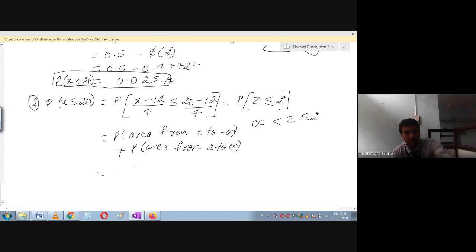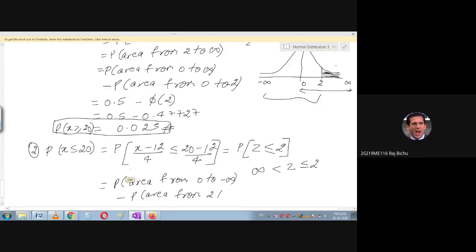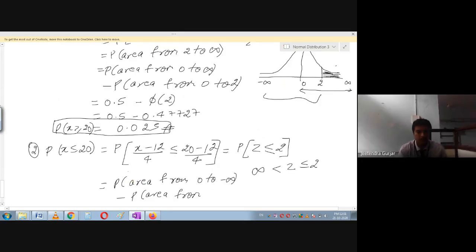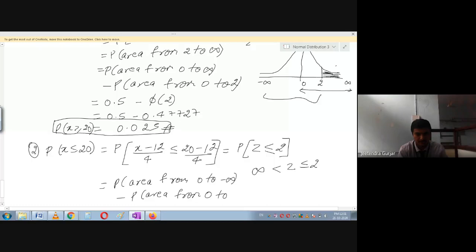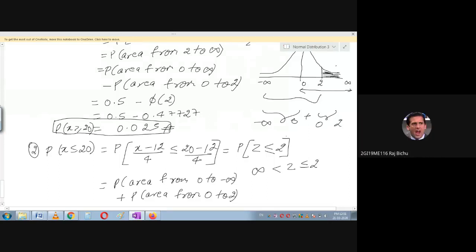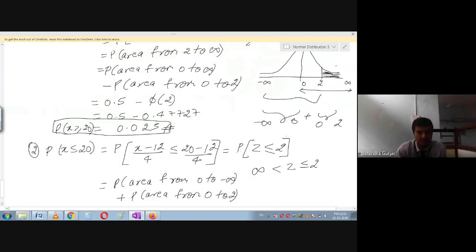It is 0 to 2, correct, plus 0 to 2, because you are going to calculate first the area from 0 to infinity, plus area from 0 to 2.